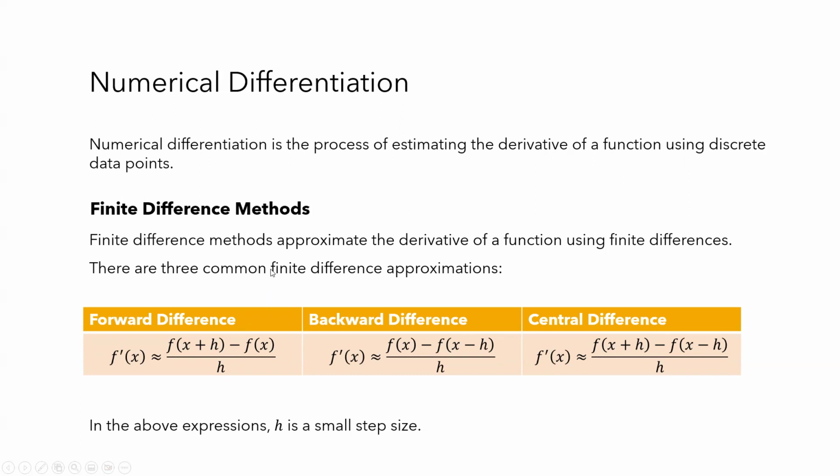So let's say x starts from 0, and we add some small step size like 0.001. So if the starting point is 0, the next value is 0.001, the next point is 0.002, the third point is 0.003.